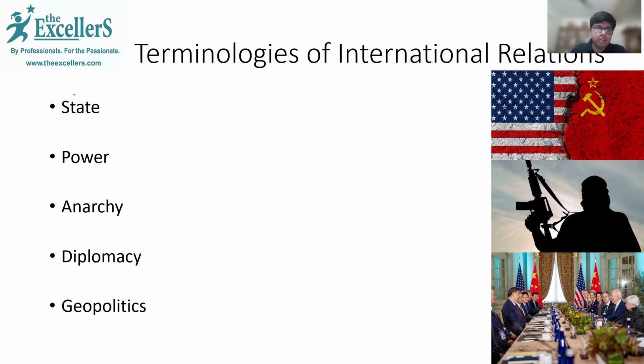First one is state. So state, as I already mentioned to you, is the most important part of international relations because that's what most of the theories do accept. The state is the dominant character. So what is a state?